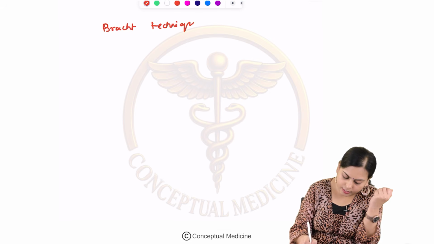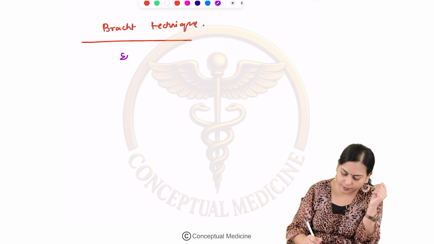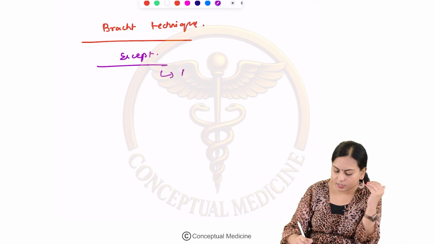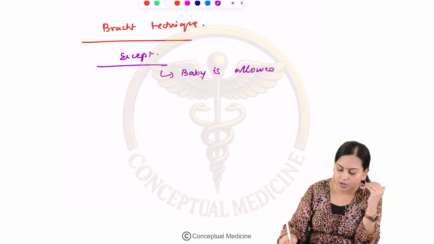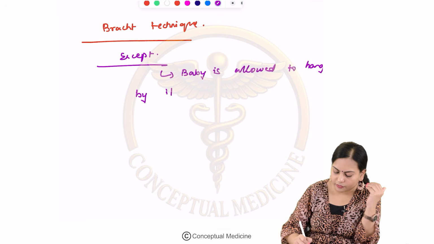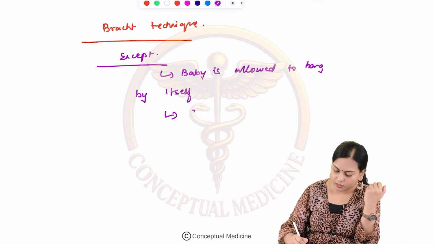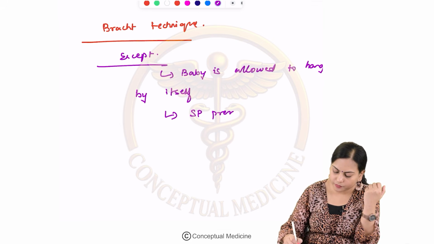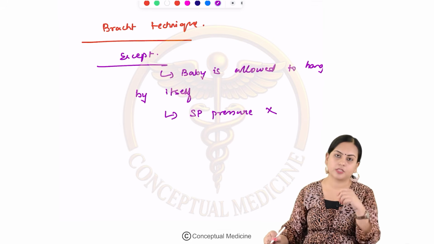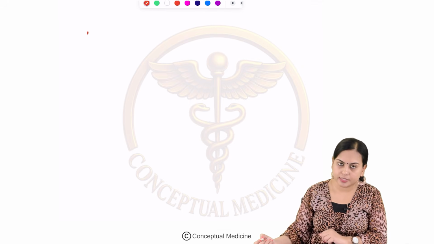In this technique, it is similar to the Marshall-Burns technique, except the baby is allowed to hang by itself. We are not giving a traction, and suprapubic pressure is not applied. Clear?